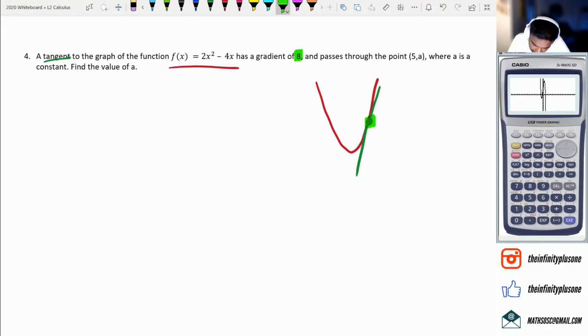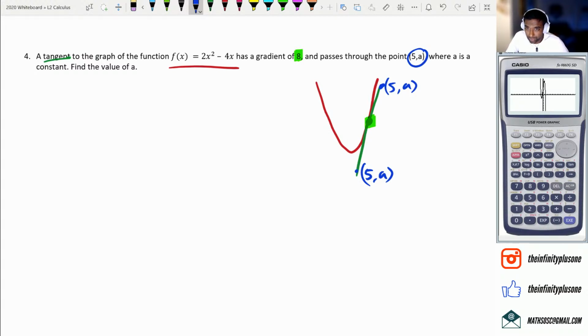Eventually, it's going to pass the point (5, a). Now that (5, a) could be here, or it could be here. We actually don't know what it is. But what we do know is if we find the equation of the green line, then we can substitute 5 to figure out what the value of a is. So we've actually got to find the equation of the green line.